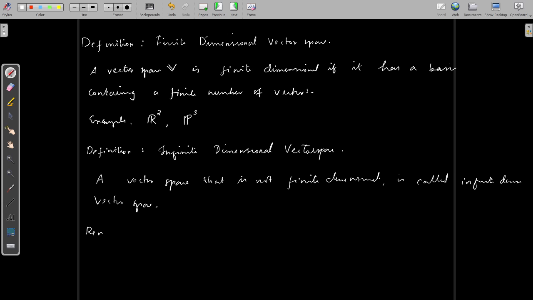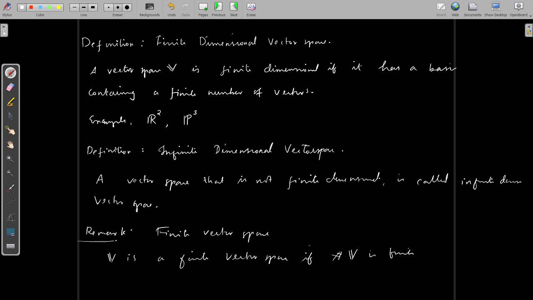As a remark, we can write finite vector space. A vector space is said to be finite if it contains only a finite number of vectors. Okay, V is a finite vector space if the cardinality of V, written hash V, is finite.